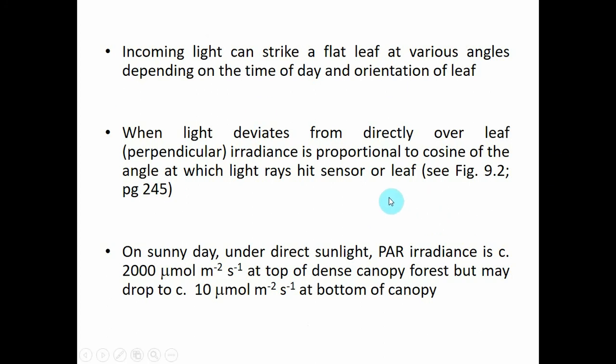When it is not perpendicular to the leaf, so watch my mouse. If there's a 90-degree angle, it's perpendicular.